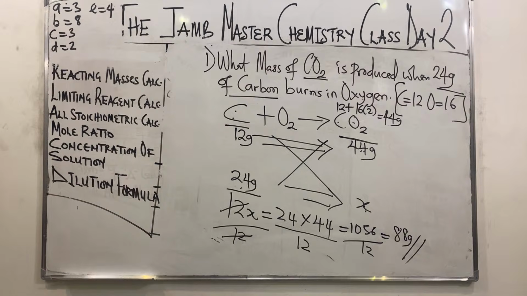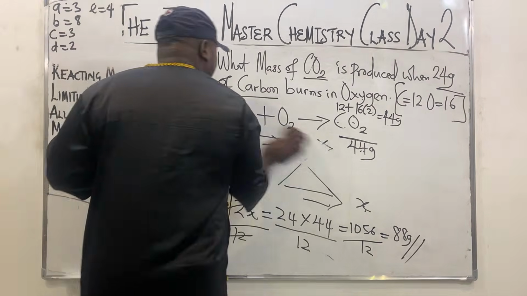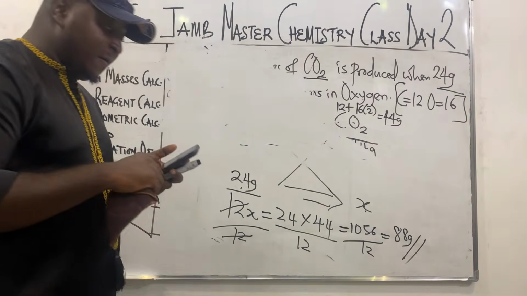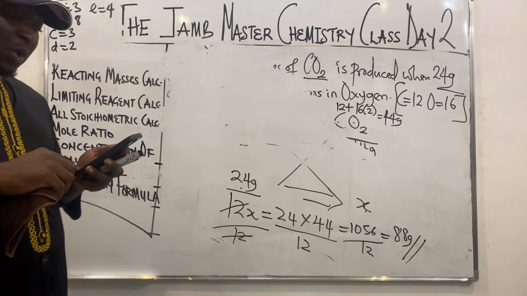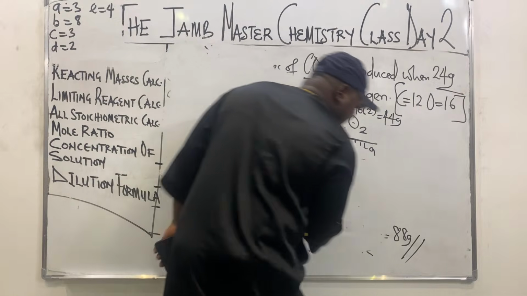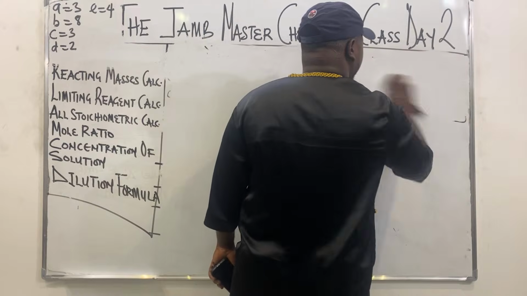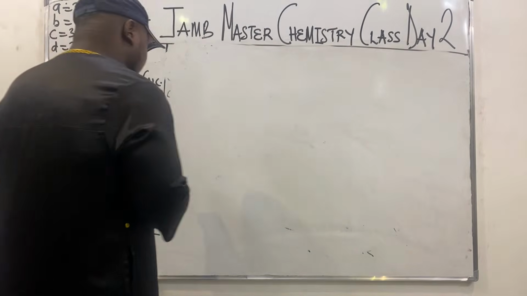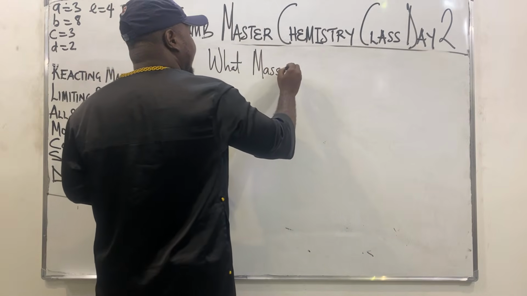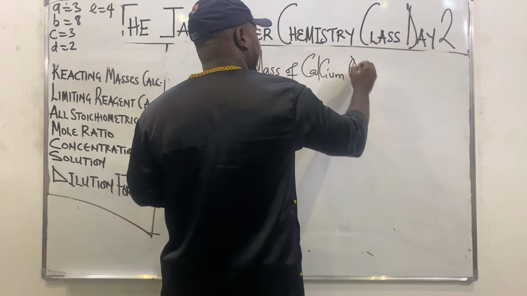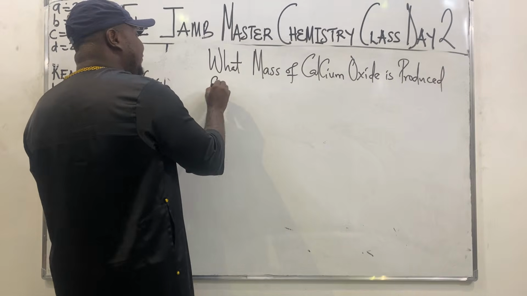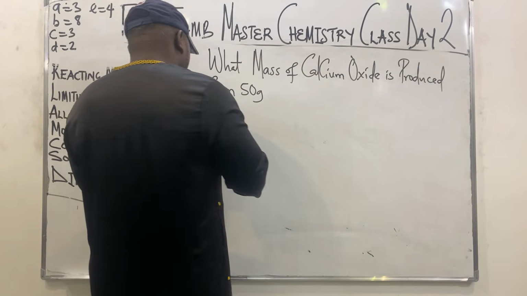What mass of calcium oxide is produced from 50 grams of calcium carbonate?